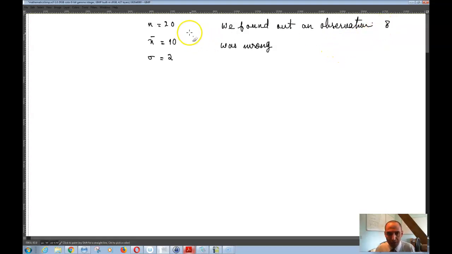Based on that, all of these calculations were done, and we got the x bar, the sigma, and also the n, and so on and so forth.